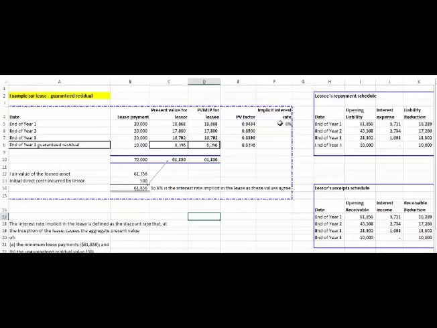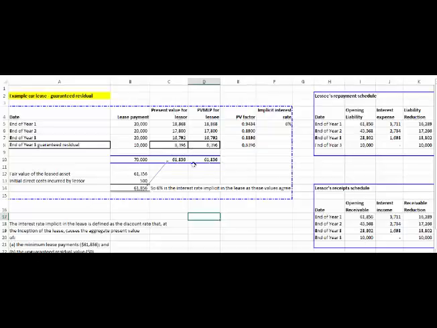So 61,856. Mathematically, my implicit interest rate is 6%, because if I discount the 20, 20, 20 and 10 using 6%, my discounted amount is 61,856, and that equals the sum of the fair value of the leased asset and those initial direct costs of the lessor. Remember here, there's no unguaranteed residual.